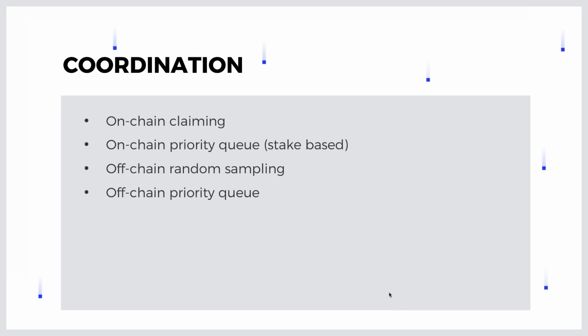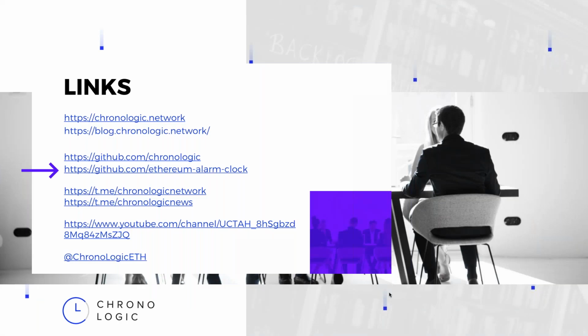For the off-chain coordination problem, which I think looks pretty similar to the problem for block producers in Casper, random sampling might be a good solution for the problem of who is going to execute a given transaction, or maybe off-chain priority queues similar to the on-chain ones, but based on peer-to-peer communication.